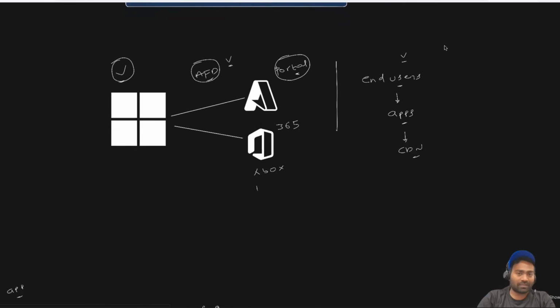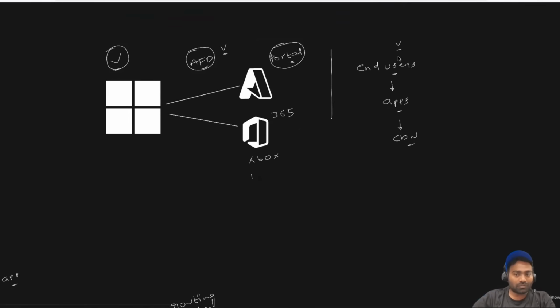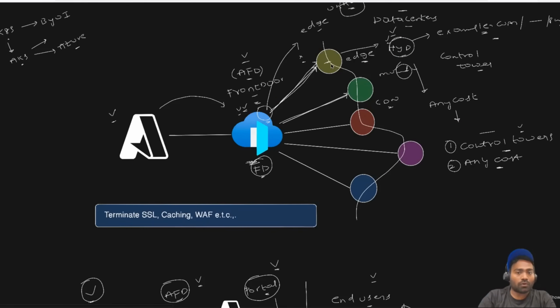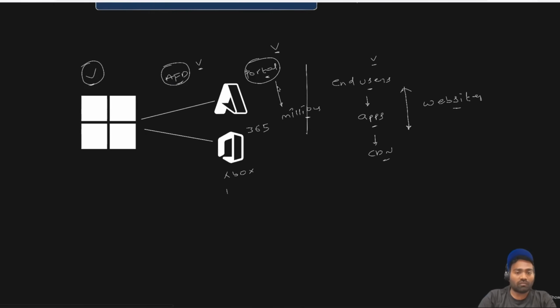Now, when this happens, as I told you, end users' applications are also impacted. That is, popular websites, the airline websites that are using AFD, or organizations that are using AFD are impacted, and also the Azure Portal got impacted. Now, if the Azure Portal gets impacted, quite obviously millions of users are impacted. If the edge servers are not working, or if the edge servers don't receive the routing requests, quite obviously the Microsoft portal will go down.